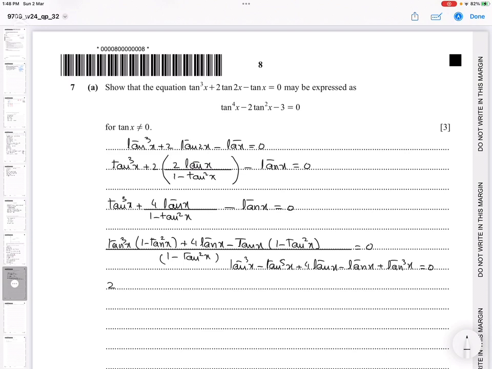When you simplify, this becomes 2 tan cube x minus tan power 5 x plus 3 tan x equals 0.